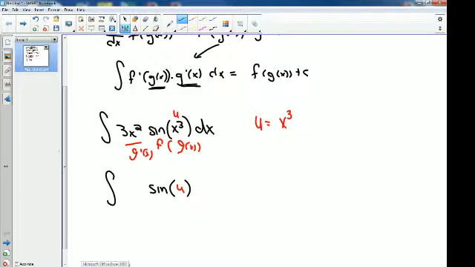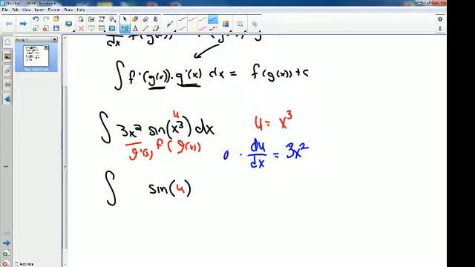So how would I calculate a derivative of u with respect to x? What is it? Yeah, 3x squared, right? And then I'm going to move the dx over here.